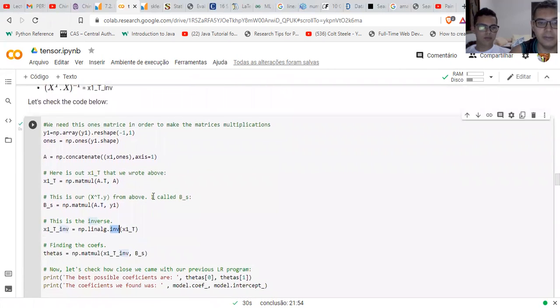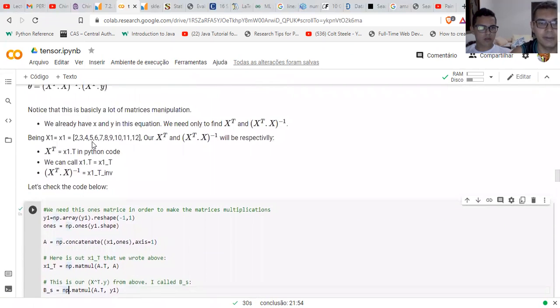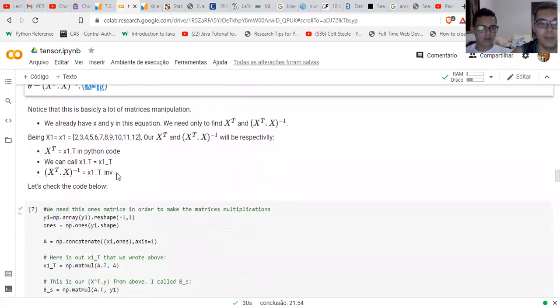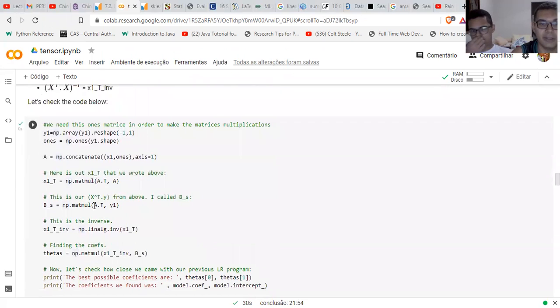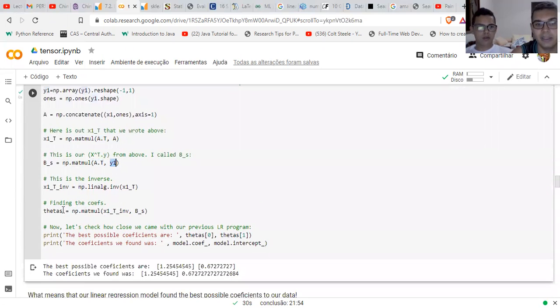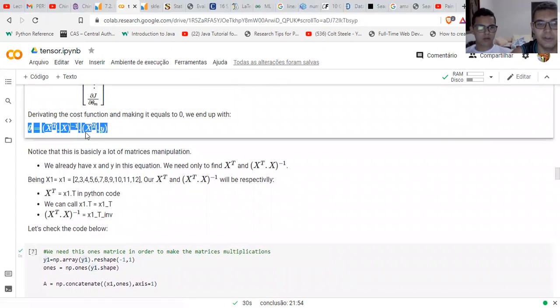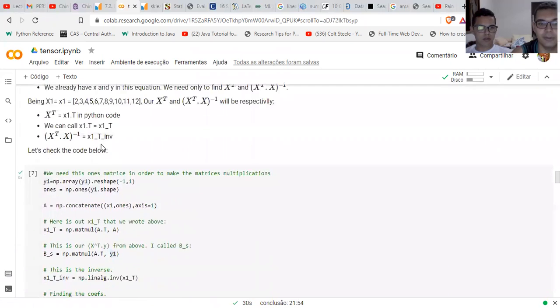And this is for y. The other part we have to make is this part here, x transpose multiplied by y. So x transpose multiplied by our y, and theta is the multiplication of those two that we just discovered.